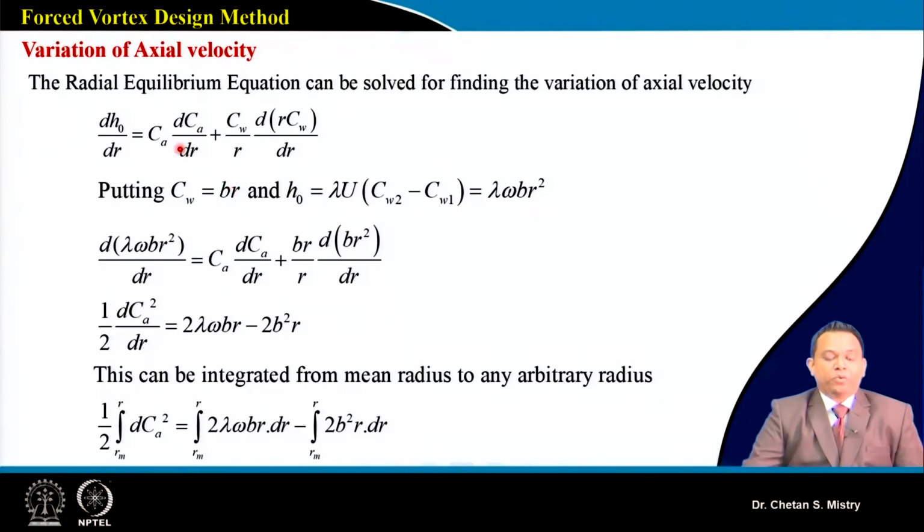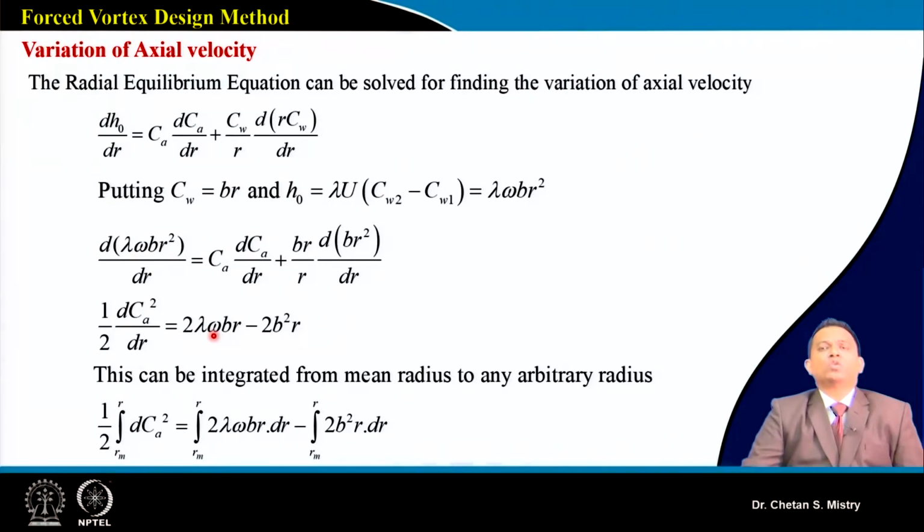If we put this into the equation, we get the formulation in terms of different radii. It says dCa by dr equals 2 lambda omega b r minus 2 b square into r.